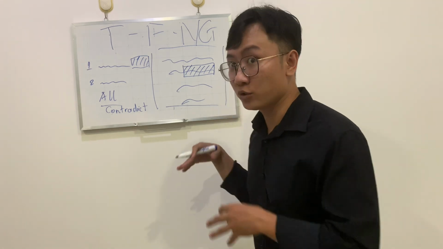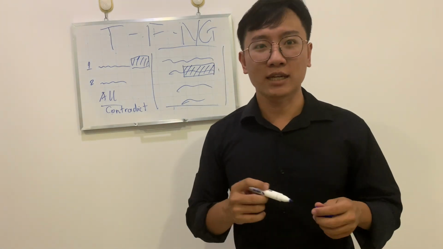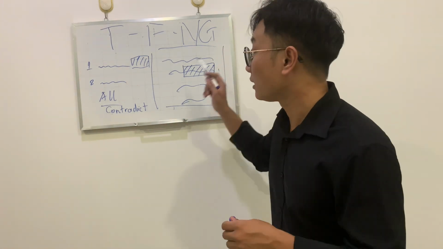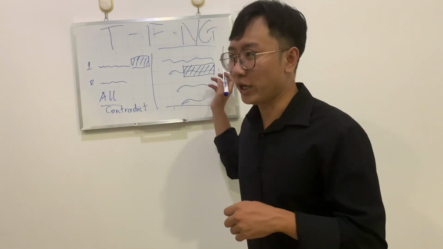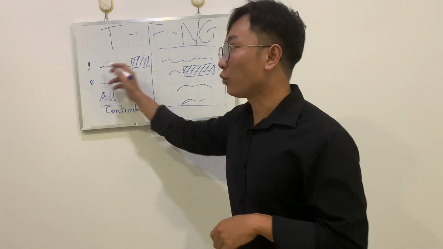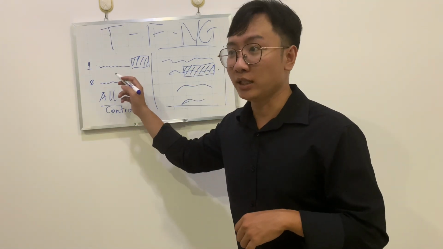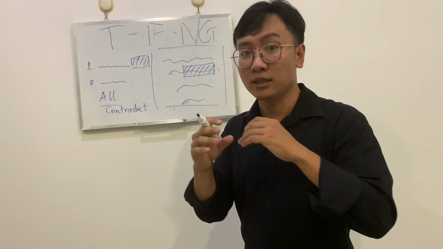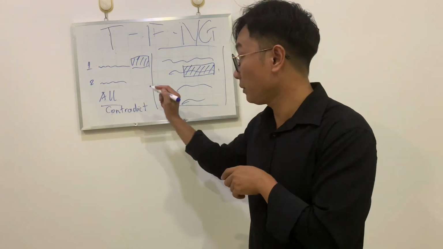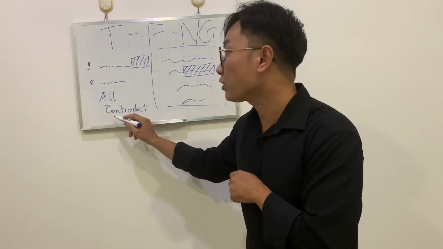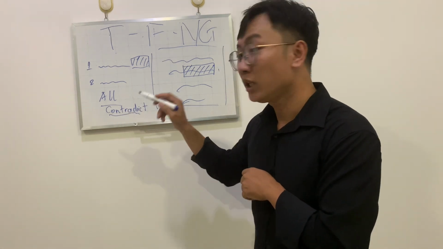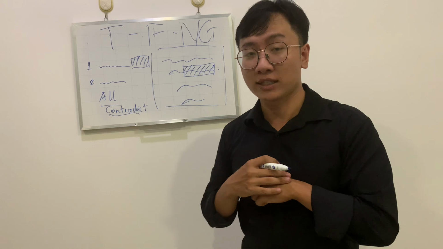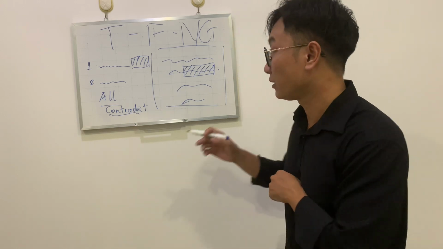For example, the text says it will rain tomorrow, but the question says it is sunny tomorrow, then it contradicts. Contradict, remember this. I'll shorten every definition into one word so that you can remember more easily.